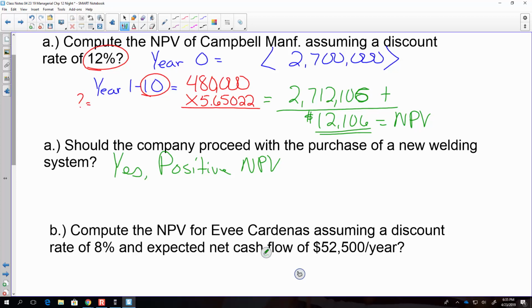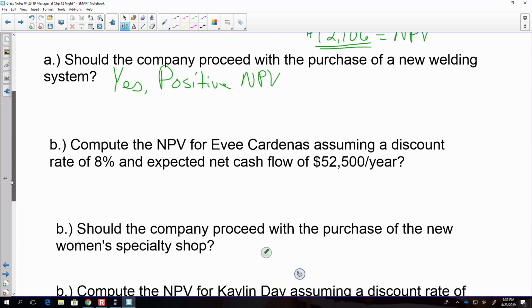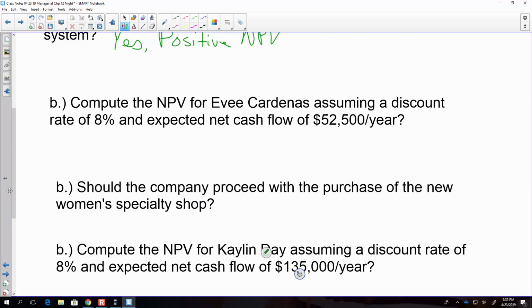Let's try another one. Evie. The cost of the investment is $270,000. She thinks that she's going to get $52,500 per year for 6 years. This time, the discount factor in question 2 is 8%. So I'm going to lay it out the same way.